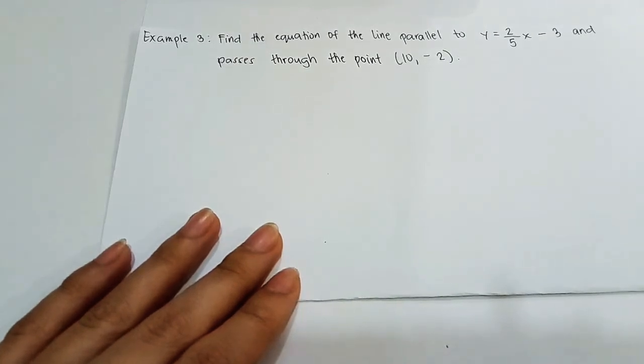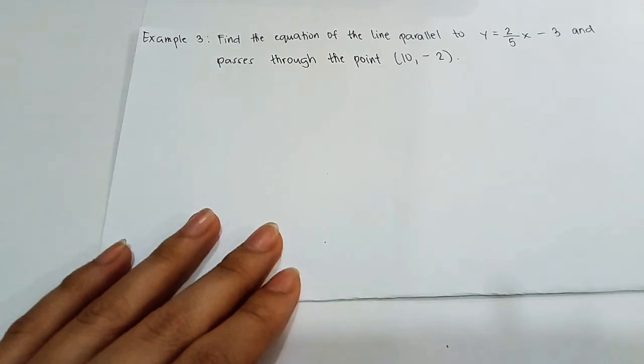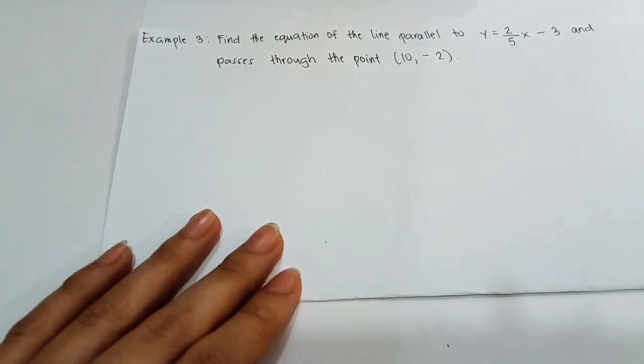Example 3. Find the equation of the line parallel to y equals 2/5 x minus 3 and passes through the point (10, -2). So this is a special case of finding the equation of a line.